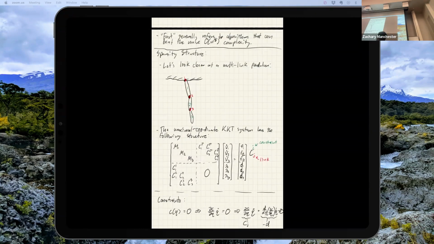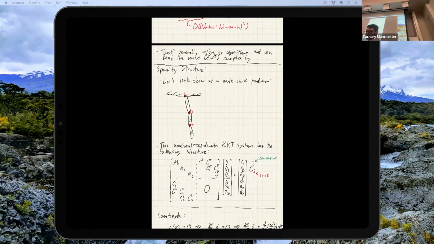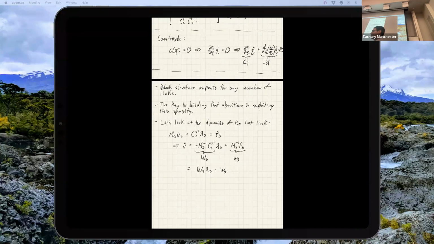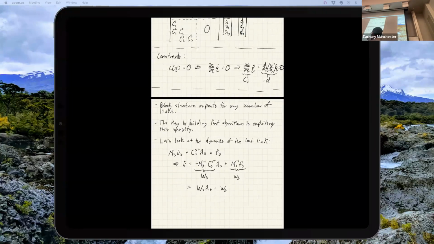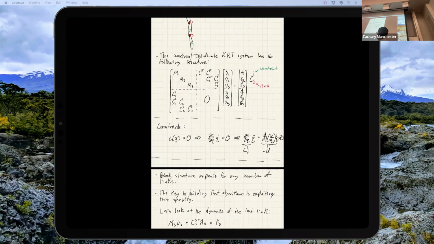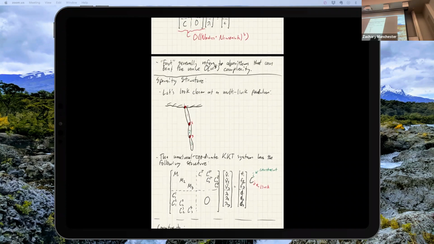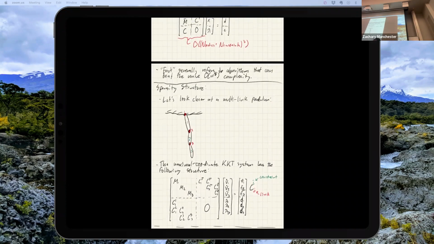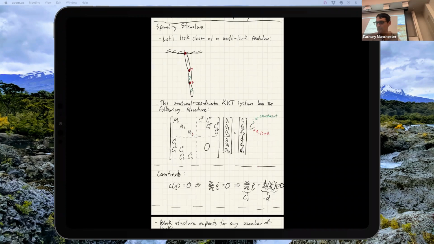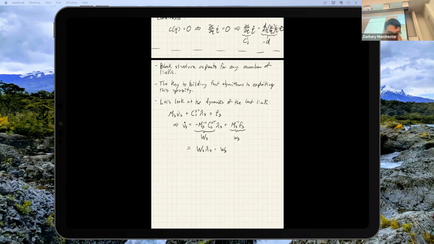Basically that last row tells me just the last link, and I can solve for the last link's V dot in terms of lambda 3. I'm going to now plug this into this equation row, which couples link 3 to link 2. And this is going to let me start moving up the chain to link 2. That's kind of the strategy, right? So let's do that.